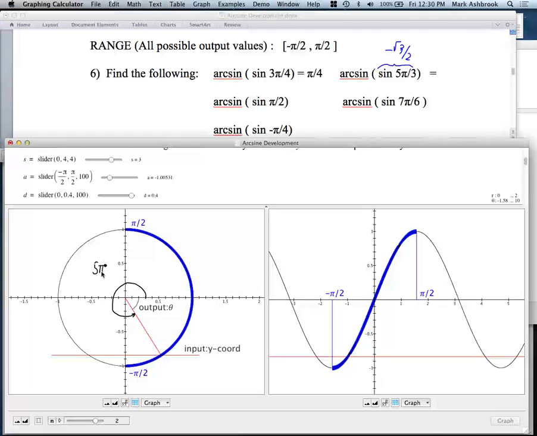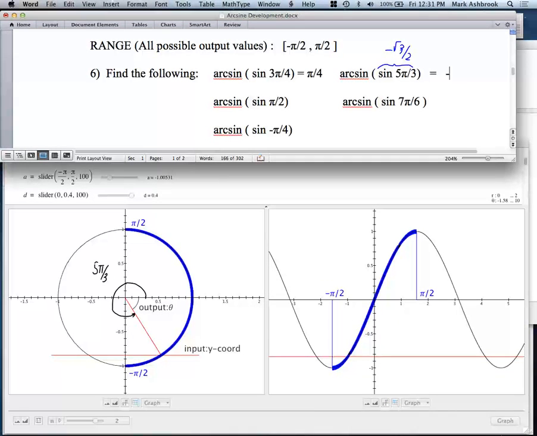That's 5 pi over 3. So we get the output of negative radical 3 over 2, and then we put that into arcsine, and it gives us what angle? Negative pi over 3. Agree with that? Does this make sense? That's right, negative pi over 3.